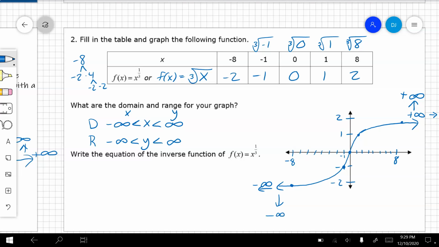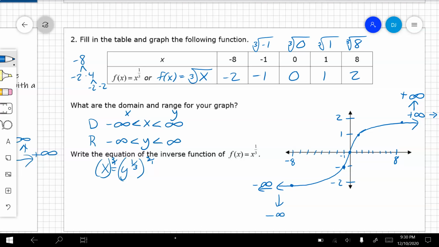So now we're going to write the equation of the inverse of f of x equals x to the 1/3. I'm going to leave this in fraction form so we can see it in a little different way. So we're going to end up with y equals x to the 1/3, but I'm going to switch it, so it's x equals y to the 1/3, and we need to solve it. Now, I can do a power to a power, which means I would multiply by the reciprocal.